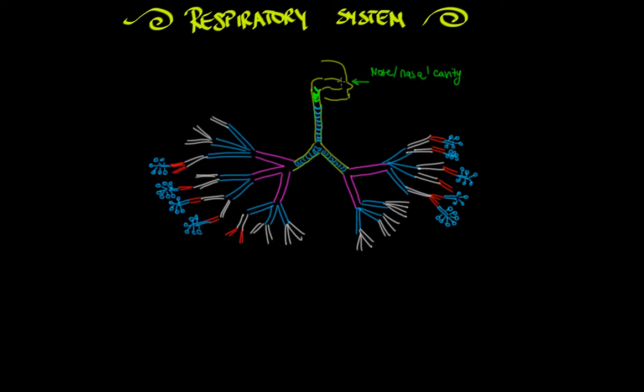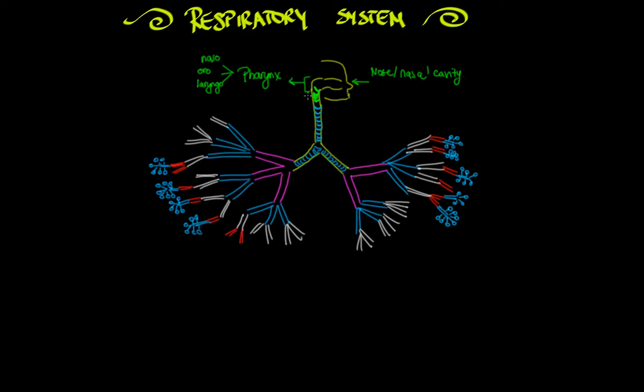After air passes through the nasal cavity, it's going to reach the second structure that we call the pharynx. The pharynx is a muscular funnel, and it is composed of three divisions: the nasopharynx, the oropharynx, and the laryngopharynx, before the larynx, which is the next structure after the pharynx.